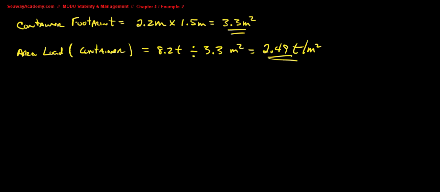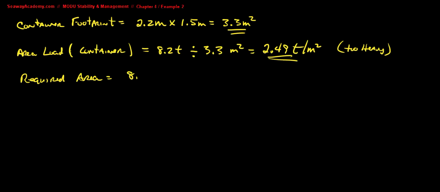Now in the question, they tell us that the maximum area load is 1.5 tons per meter squared, so therefore this container is too heavy to set directly on the deck. So now we need to calculate the required area in order to support the container.